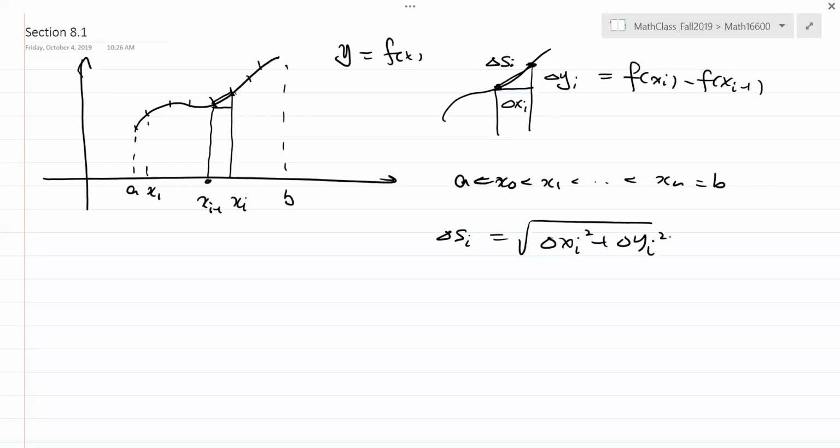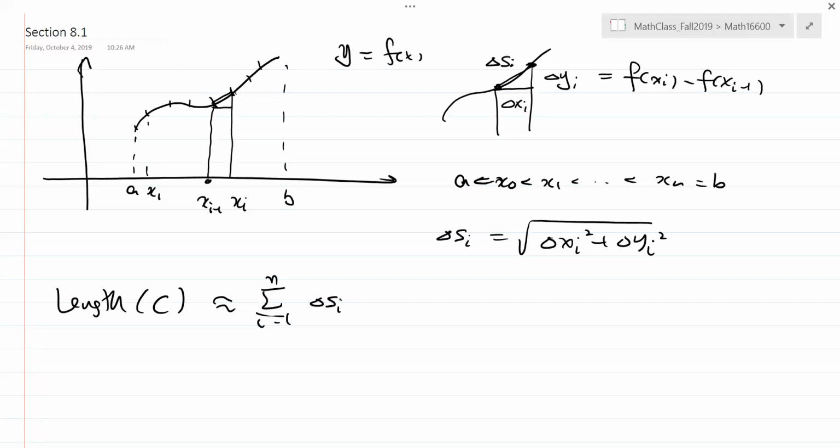This is by the Pythagorean theorem. So the length of the curve is approximated by adding these pieces together: you cut the curve into n pieces, and for each piece you estimate the length by the third side of the triangle.